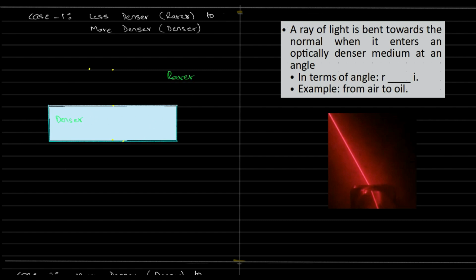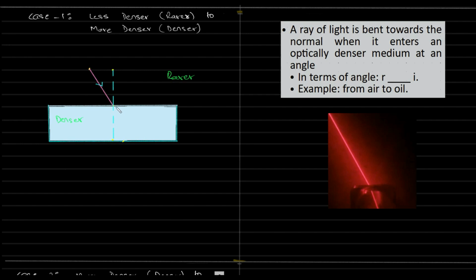Again, when we use the word density over here, please remember we are talking about optical density. So we have our incident ray, which is not perpendicular to the boundaries. This is your normal, normal to the boundaries. So when we have light from rarer to denser, this is your incident ray.